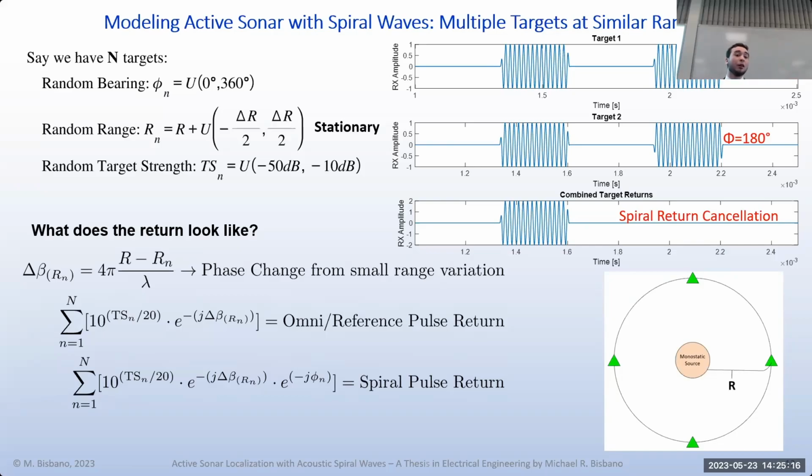But for a spiral sonar, especially if the two targets are at the same range and 180 degrees apart in bearing, the omni return will add together, but the spiral return will cancel.